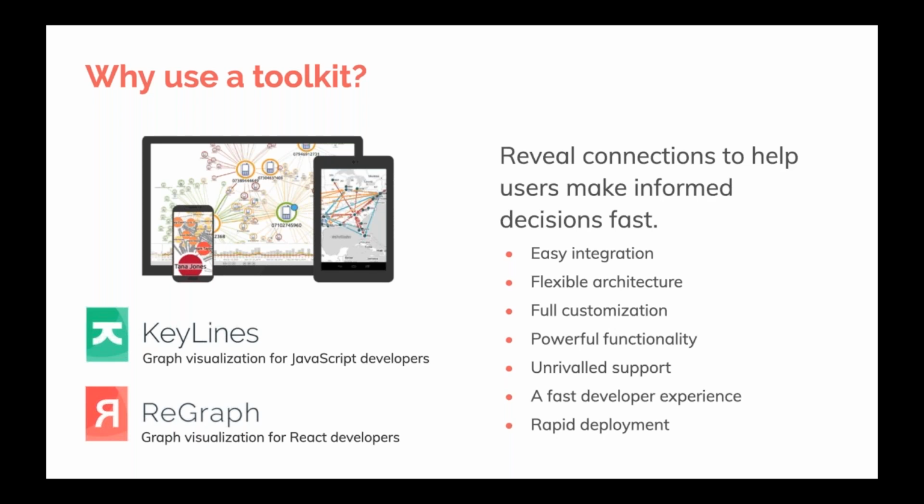The middle ground is what we produce, which is a toolkit. The reason that's a middle ground is because it enables you to build a graph visualization capability into an existing web application or into a new web application, present that as part of your application, and customize all of that user experience.